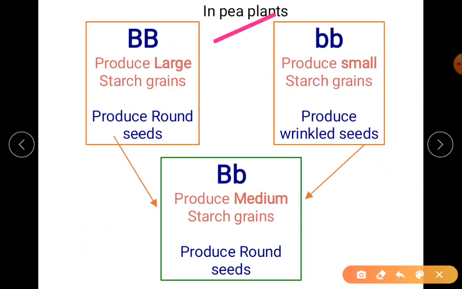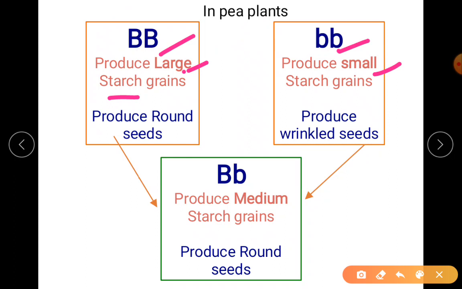So in pea plants, we are considering capital B and small b to represent production of starch grain. Starch synthesis occurs in all three cases, but based on the synthesis, the grain size will be formed. So the grain size is large in case of the dominant. In case of the recessive, it is small.